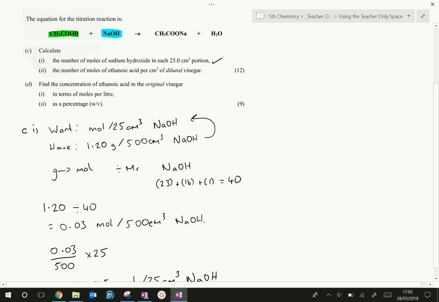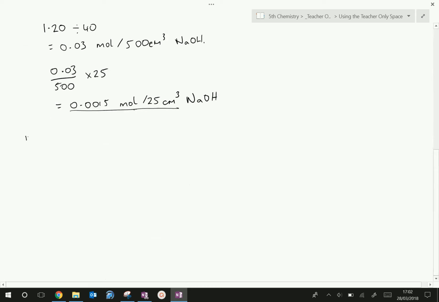Now for part 2, it wants the number of moles of ethanoic acid per ml of diluted vinegar. No, it's not finished yet. So I need to get moles per ml of dilute vinegar. I'm going to start this one off the same way. What do I want? I want moles per 1 ml of my ethanoic acid dilute.